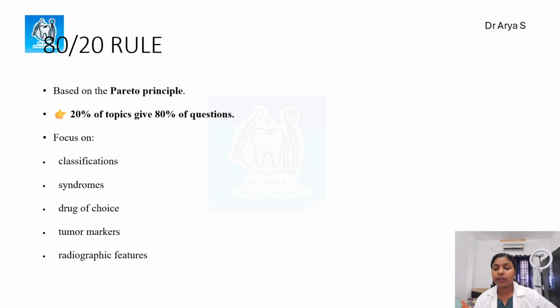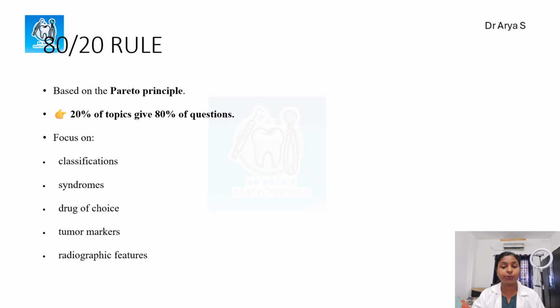80-20 rule. What is it? Based on the Pareto principle, only 20% of topics will give 80% of the questions. What does it mean? Focus on various classifications, syndromes, drug of choice, tumor markers and radiographic features. It will give 80% of questions. Okay.